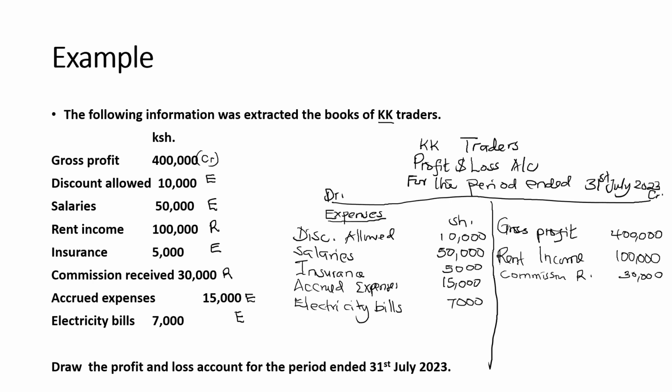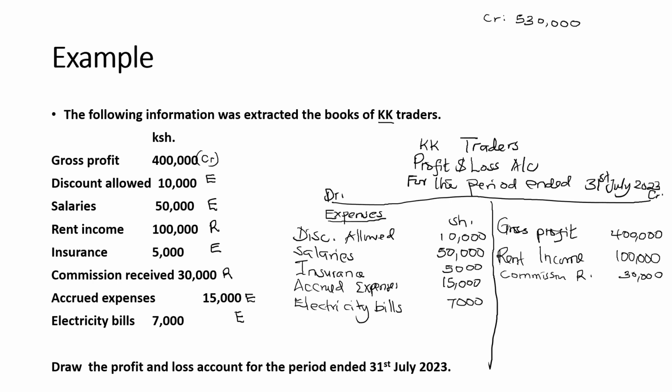So you add both sides, then you determine which side overweighs the other side. Starting with the credit side, if you add 400,000 plus 100,000 plus 30,000, you are getting 530,000.